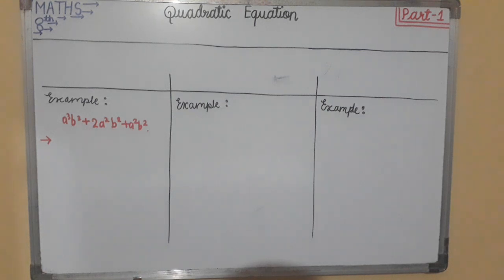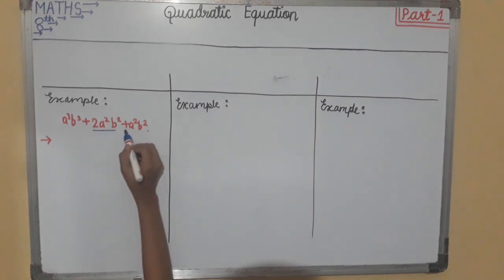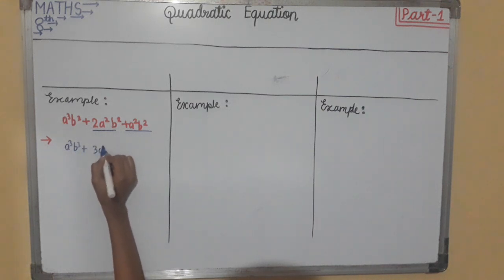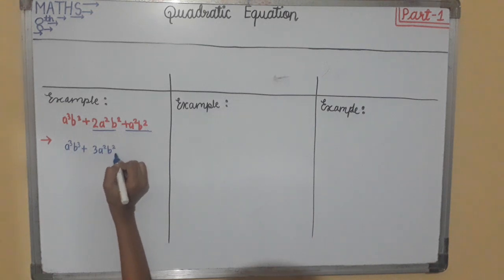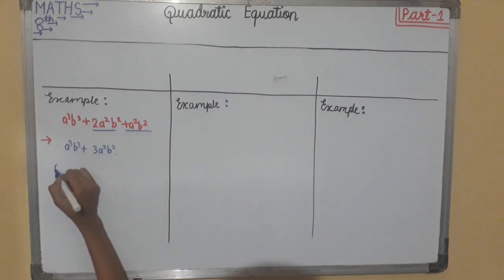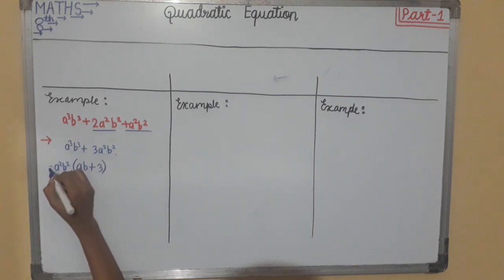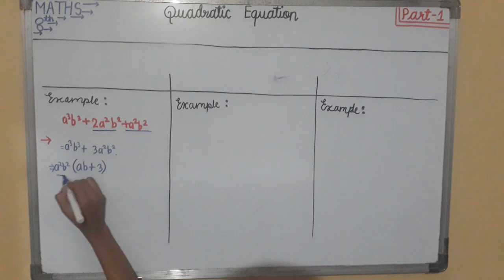This is a very easy question. We know that we can add the like terms, and here we can see that 2a square b square and a square b square are the like terms. So we'll get a cube b cube plus 3a square b square. We'll take a square and b square common. We'll get ab plus 3.